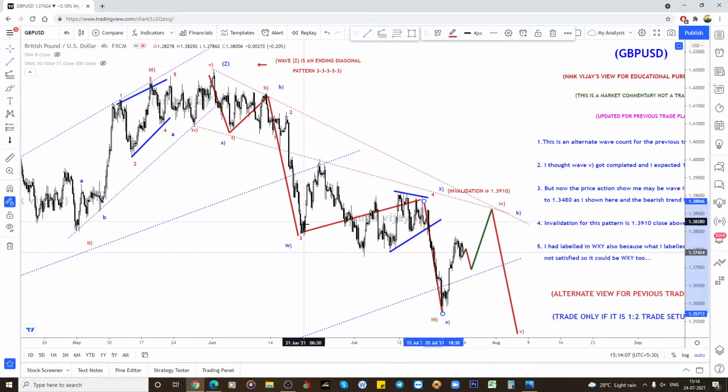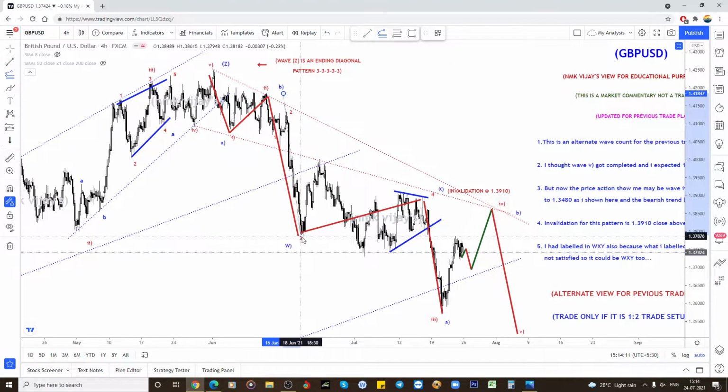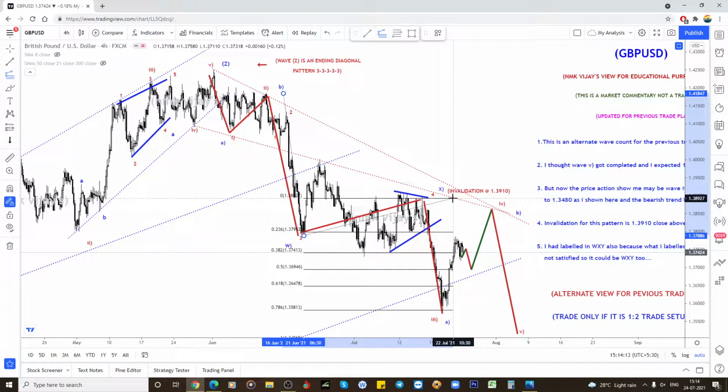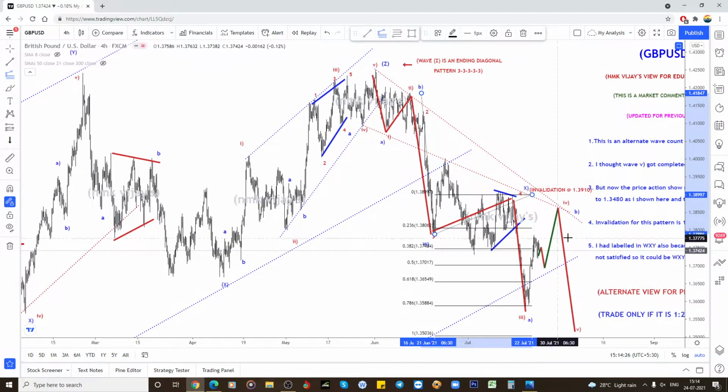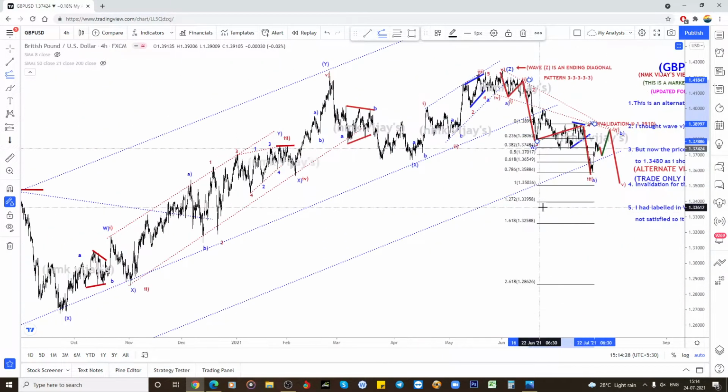So this is equal to 0.786. This portion, if you measure the triangle, it is exactly 0.786. So this is equal to this, meaning it's an ABC equals CD pattern. So whether this could be a WX, after the B consolidation here, I'm looking for that C wave. That is a Y wave to end at 1.32.